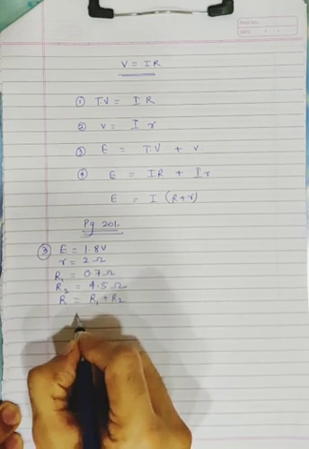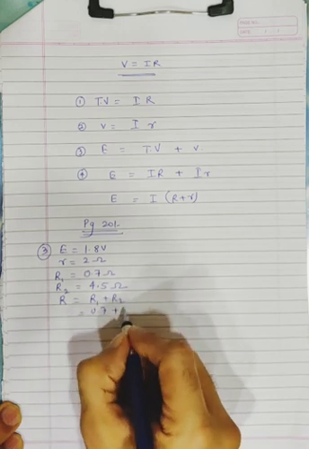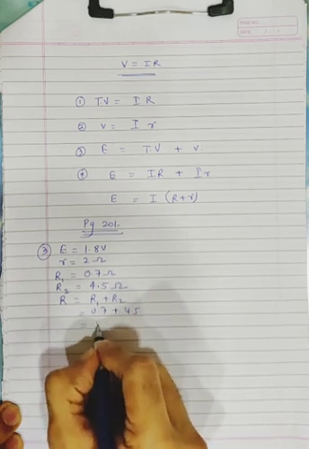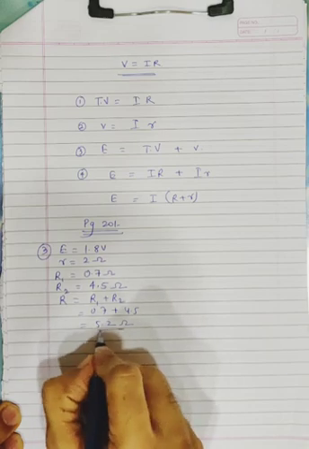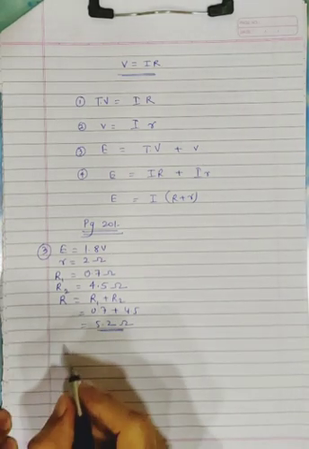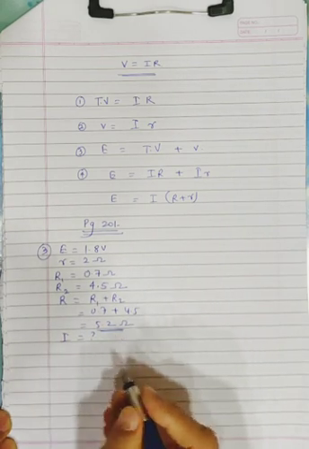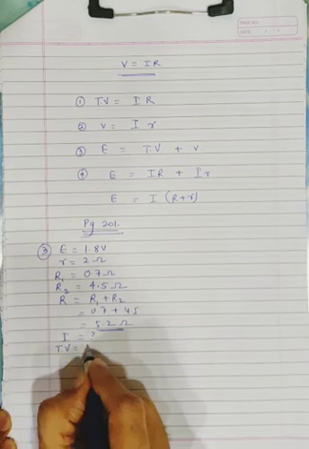R1 plus R2, 0.7 plus 4.5, so it will be 5.2 ohm. Now they are asking us to find out the current, and also the terminal voltage.